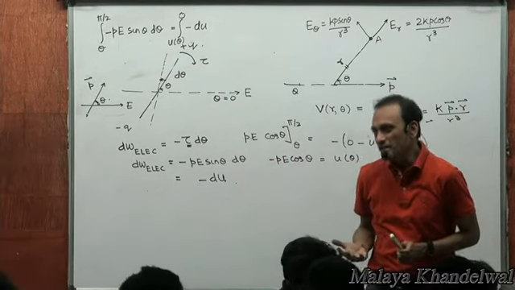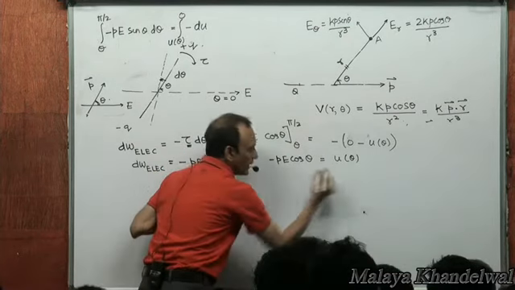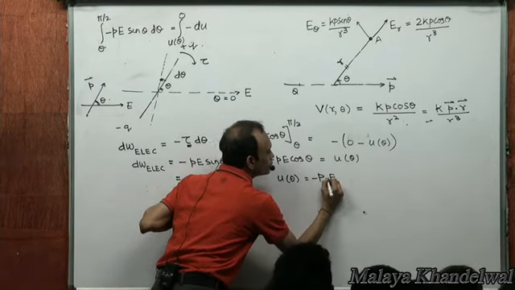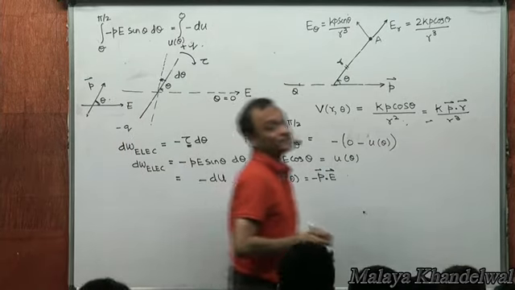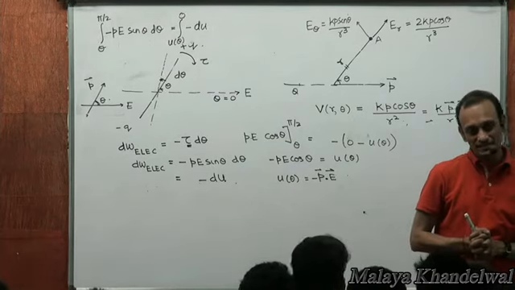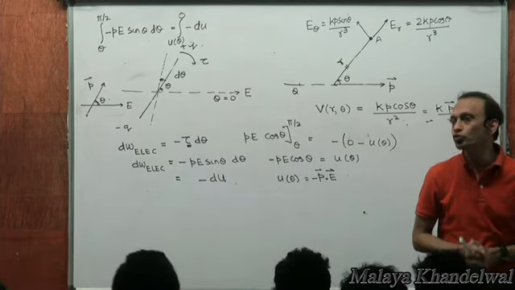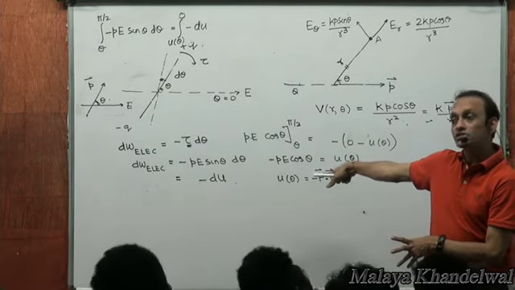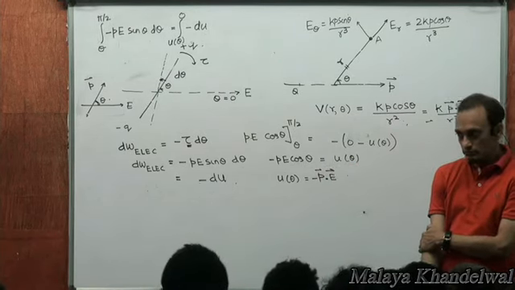It is P dot E. So U at theta is going to be minus P dot E. Potential energy at an angle theta would be the negative of the dot product of the dipole moment vector and the electric field vector, on the premise that at theta equal to 90 degrees, U was 0. This gives me the potential energy in terms of theta: minus P dot E. Clear?